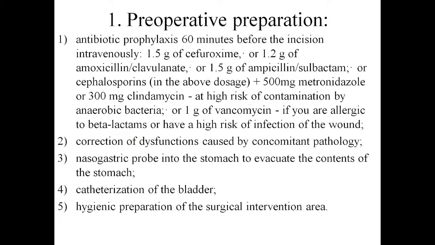Preoperative preparation: these patients are administered antibiotic prophylaxis 60 minutes before the incision. Now in the slide you can see antibiotic prophylaxis. Maybe we can use cefuroxime, amoxicillin, or other antibiotics.